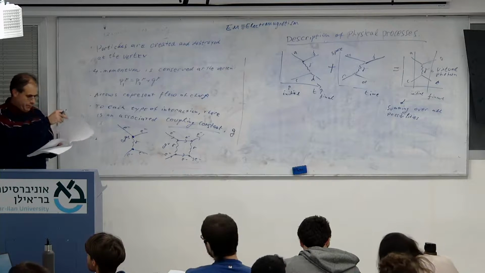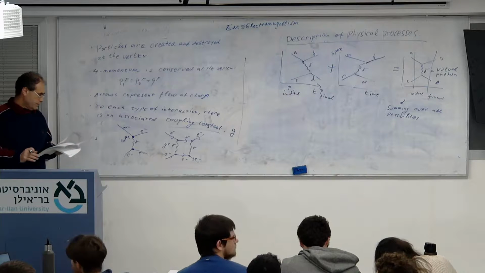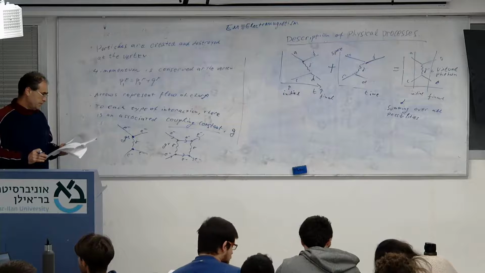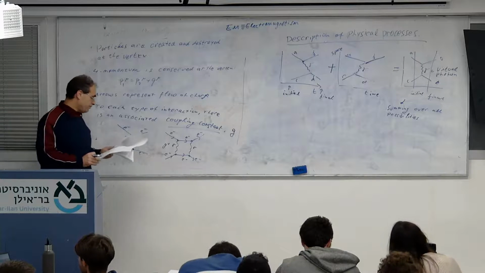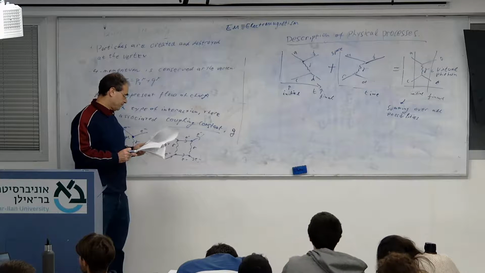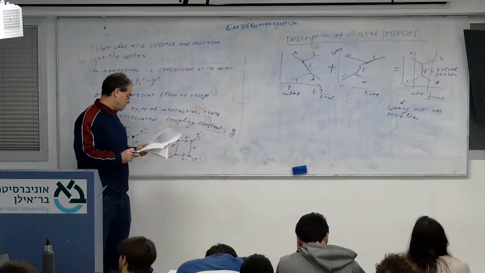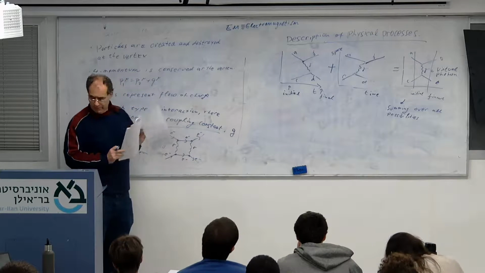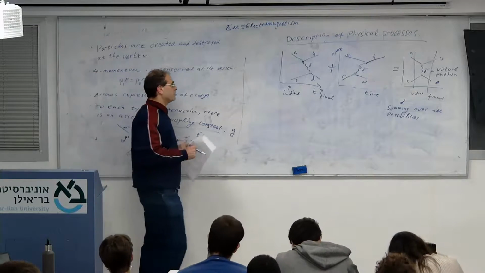Alright, I'll give you another example. Now electrons can also become virtual particles. For example, if I want to describe pair annihilation, right? Annihilation.